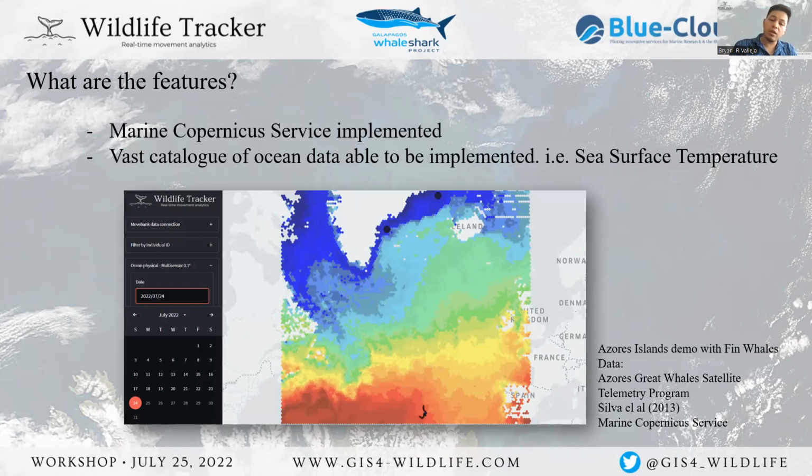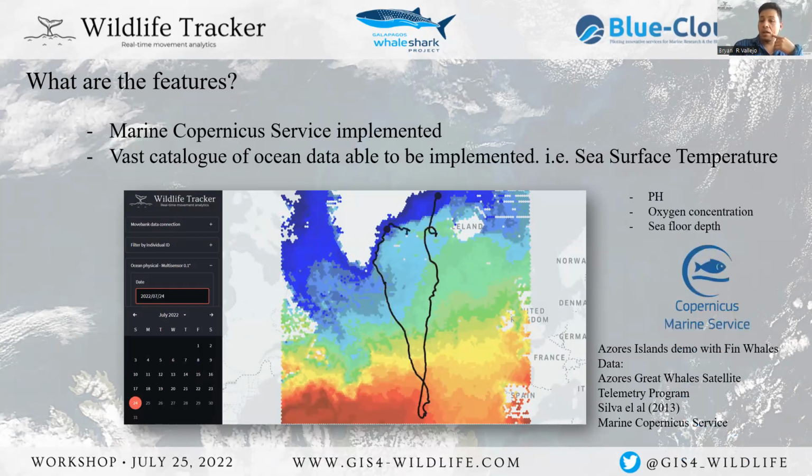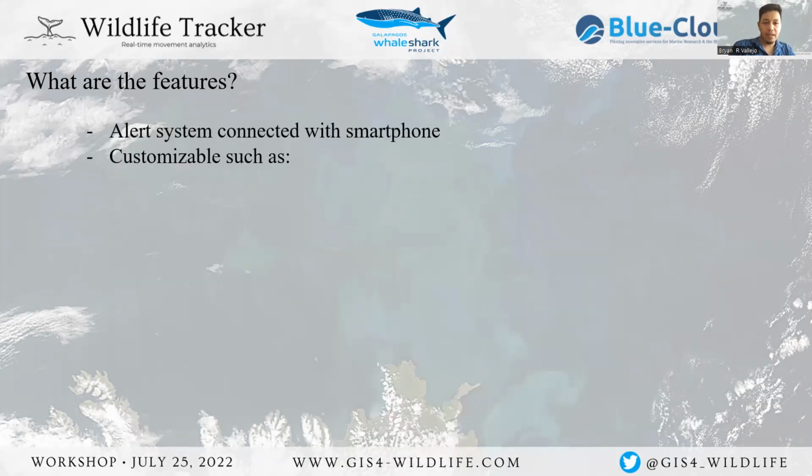So you can get the real location of the animals and the real data of, for example, sea surface temperature. And we can actually implement more datasets like pH, oxygen concentration, seafloor depth. So we still have a vast different usage, so it depends on the users what they actually need.